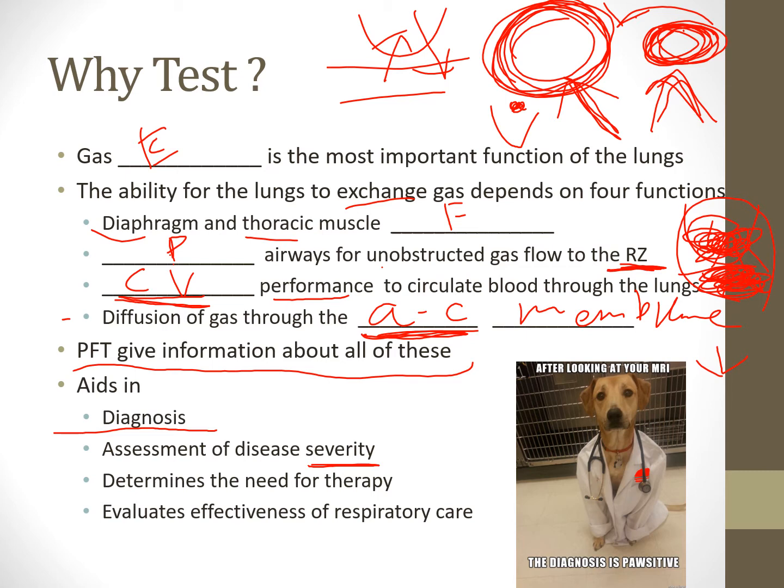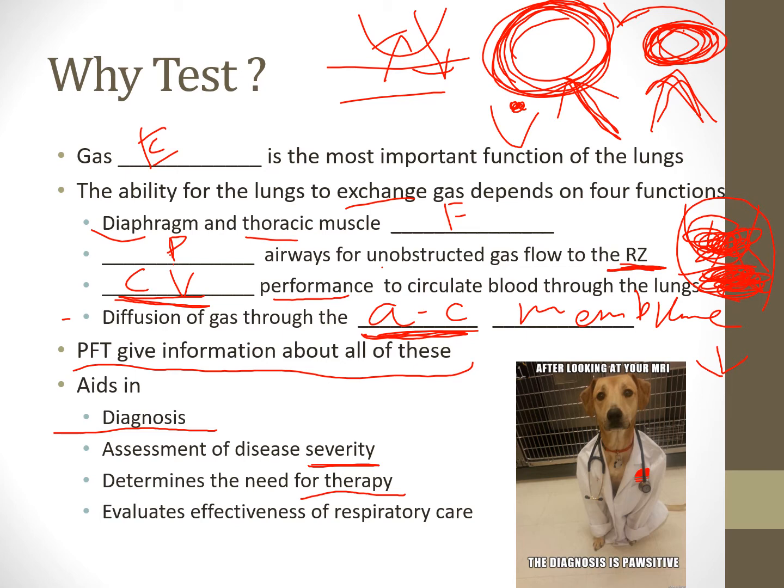We can also determine the need for different types of therapy. How much medicine do we give them? With asthma, we can see how much bronchodilator they might need, or if they also need to be on a controller medicine like an inhaled corticosteroid, right, like a Qvar or Flovent, right? So we could also see what types of therapeutic interventions as well, as far as like machines.